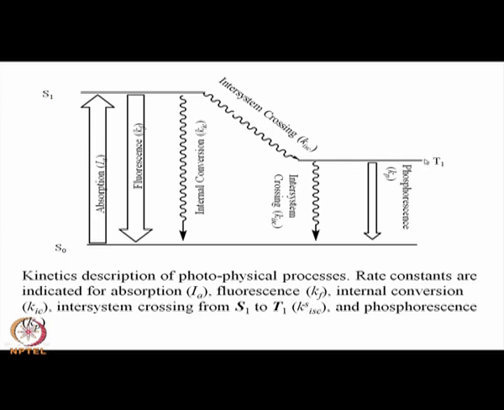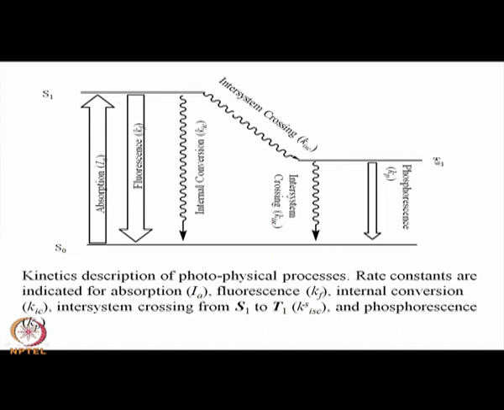Lifetime is expected to be more means it will have more time to interact with the solvent molecule or maybe some other molecule. Say we have another molecule with ground state spin multiplicity triplet. So what will happen? Triplet to triplet collision, and thereby triplet to triplet energy exchange is possible.